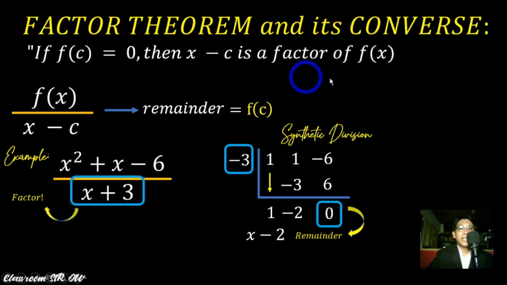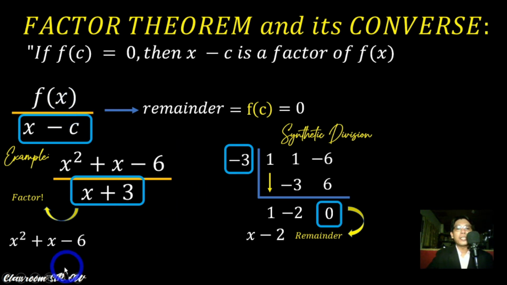So if f of c, the remainder from either synthetic division or long division, is equal to 0, then automatically x minus c is a factor of the given polynomial function.